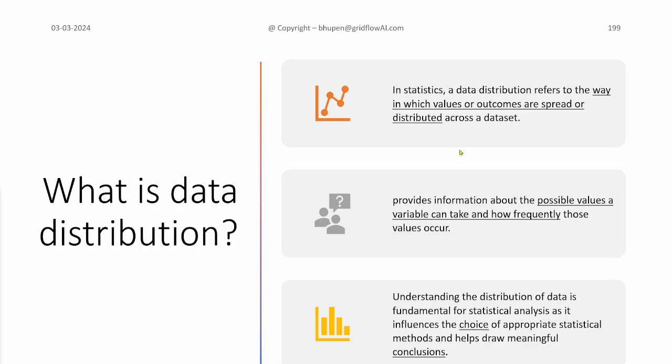So what is data distribution? It refers to the way the values or outcomes are spread or present in a data column or data series, or how the data is distributed in a data column. That provides information about possible values a particular variable can take and how frequently those values can occur.